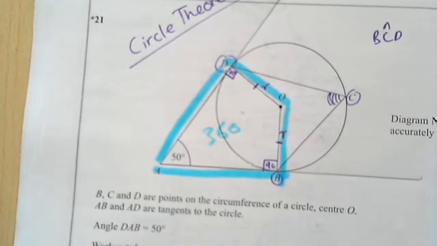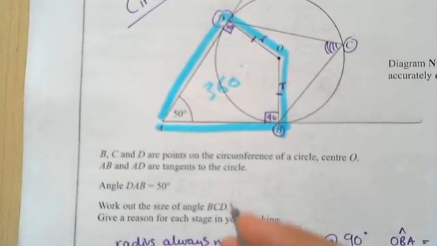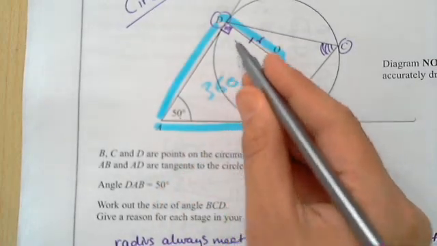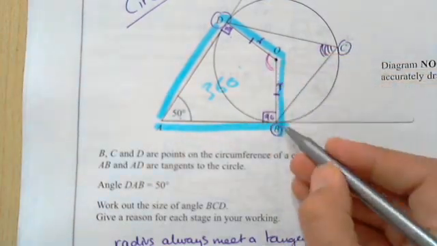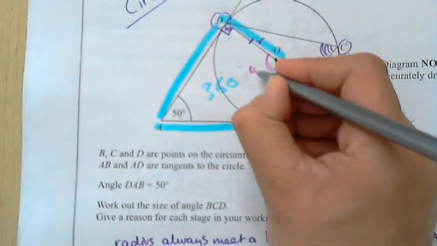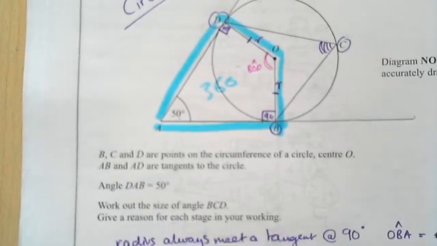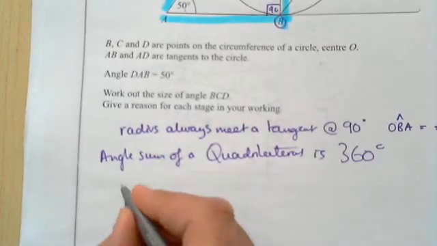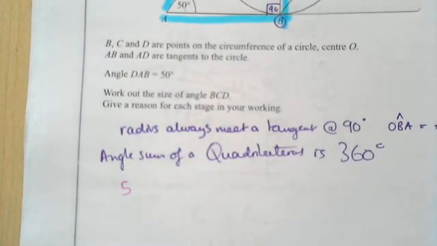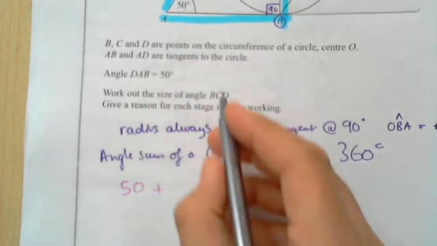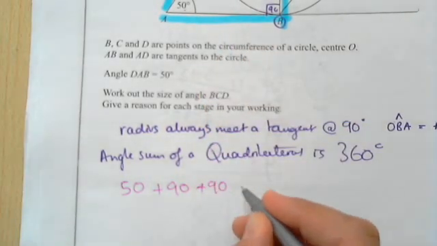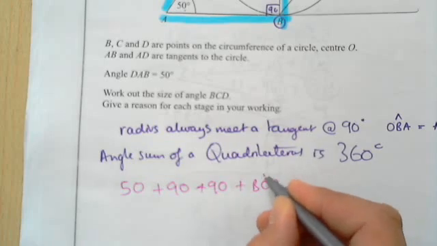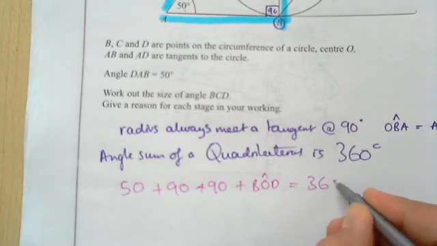So we say 50, add 90, add the other 90, add this angle here, call the angle here BOD, is equal to 360 degrees.